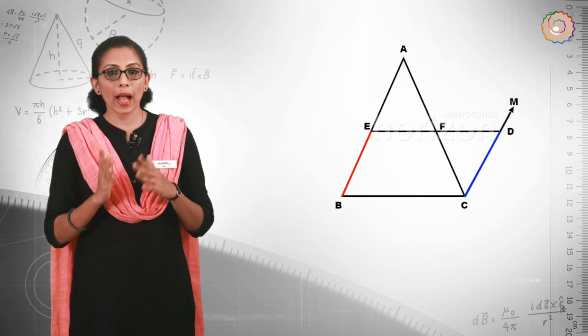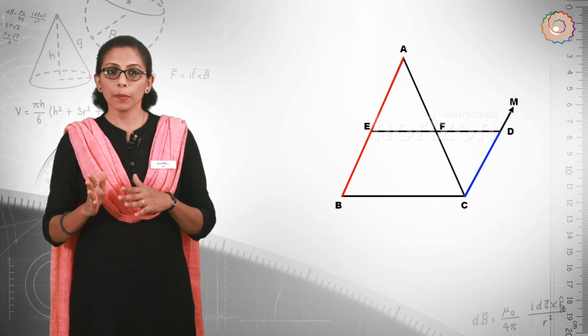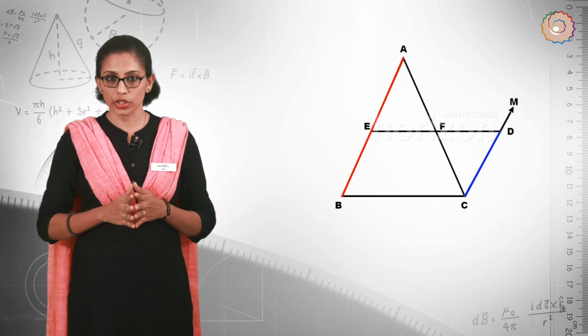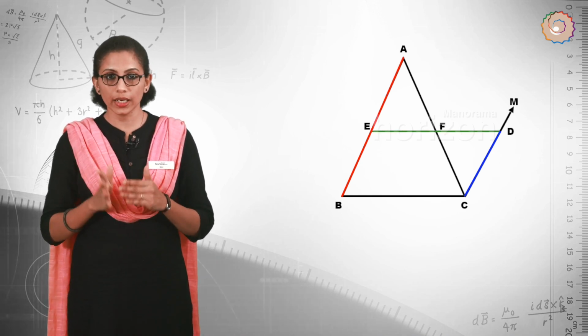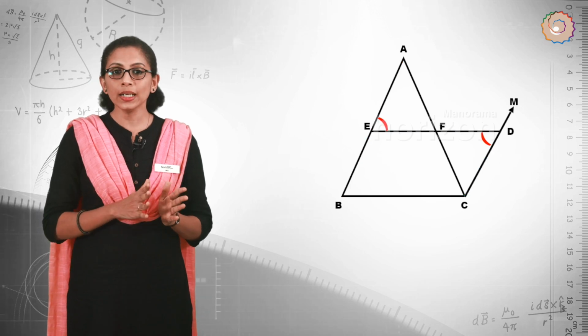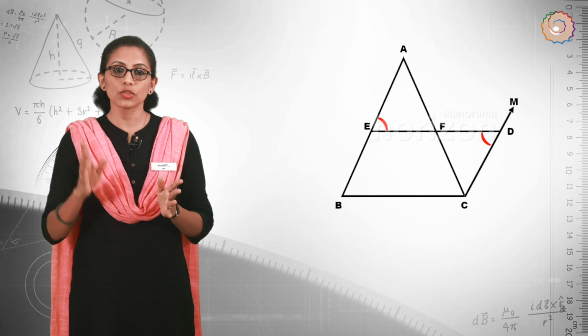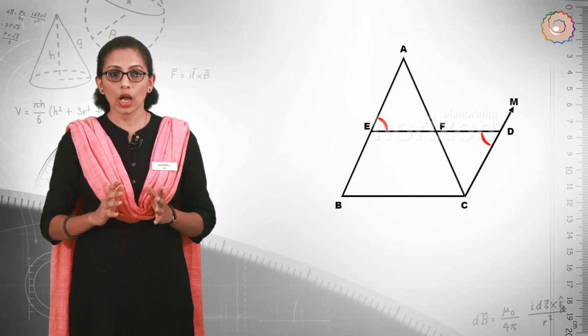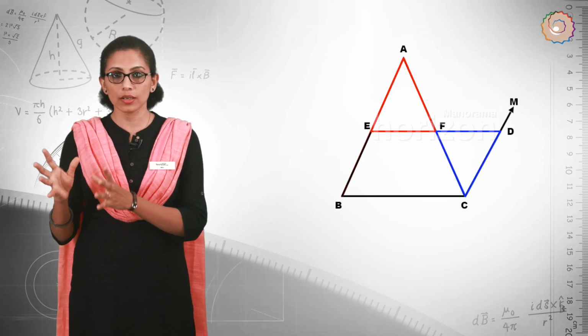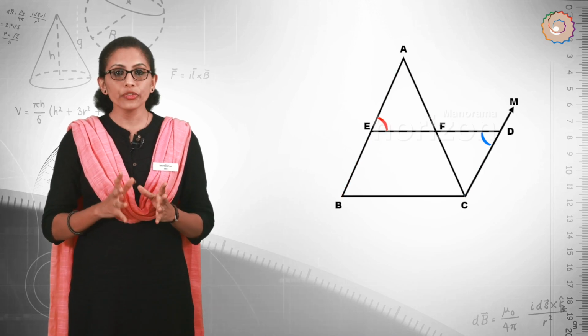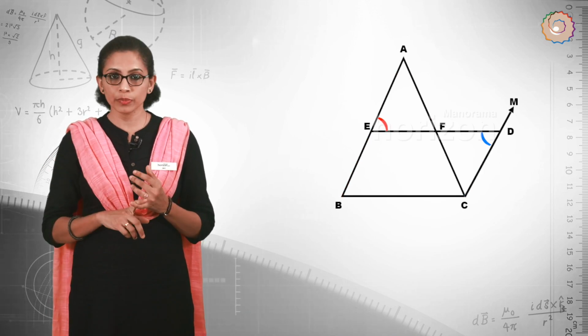Also, EB is parallel to DC as AB is parallel to DC by construction. Now, with transversal ED, we can write angle AEF is equal to angle CDF. They are alternate angles, which is equation number 2. Now, take triangle AEF and triangle CDF. Angle AEF is equal to angle CDF from 2.